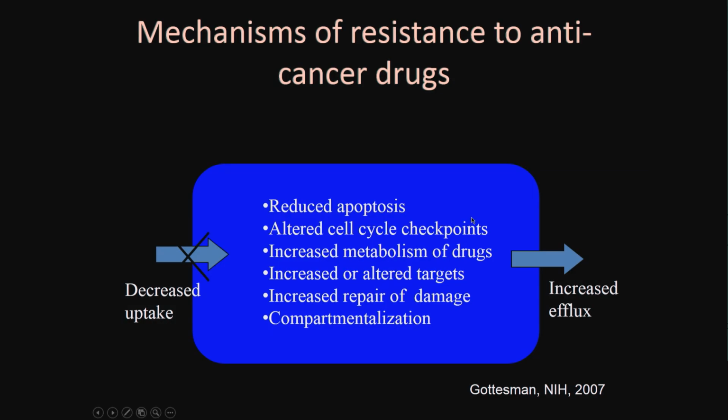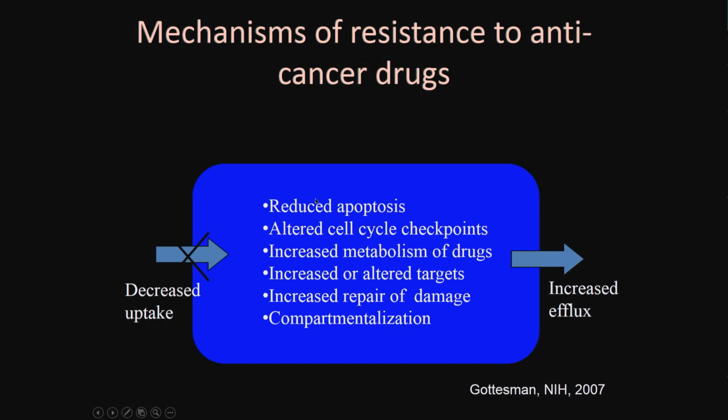What are the mechanisms of resistance to anti-cancer drugs? There is decreased uptake in the cells, reduced apoptosis, altered cell cycle checkpoints, increased metabolism of drugs, increased or altered targets, increased repair of damage, compartmentalization, and also increased efflux.